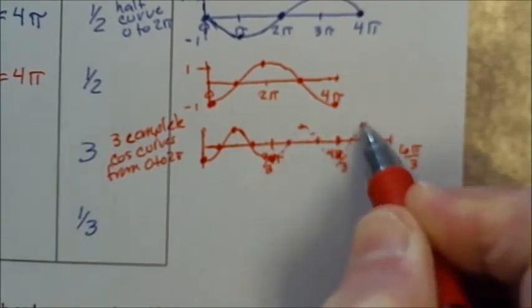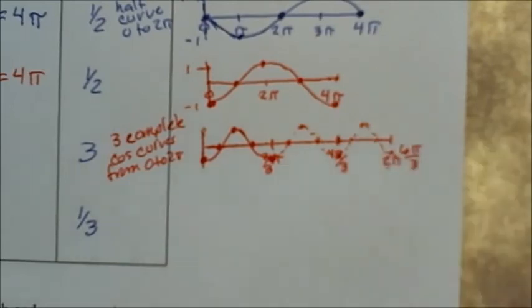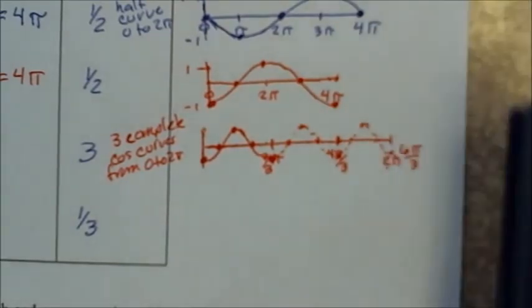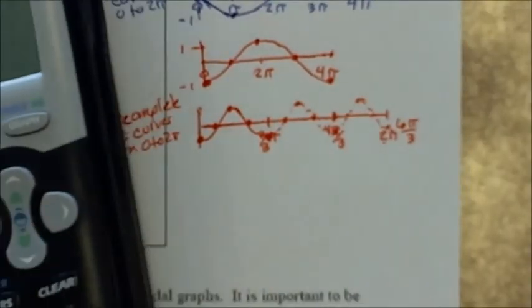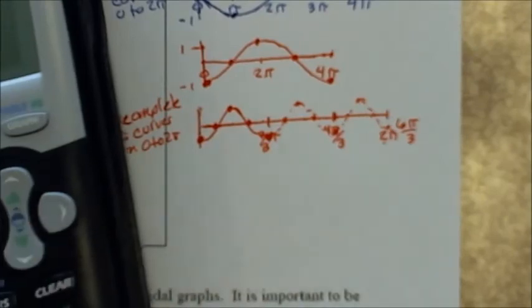If I check using the calculator, take your calculator, all right, and let's key in y equals negative cosine (3x).